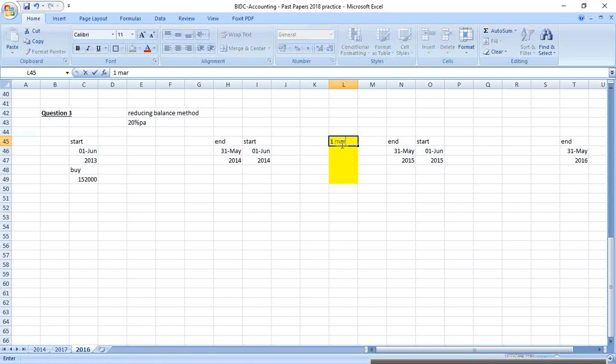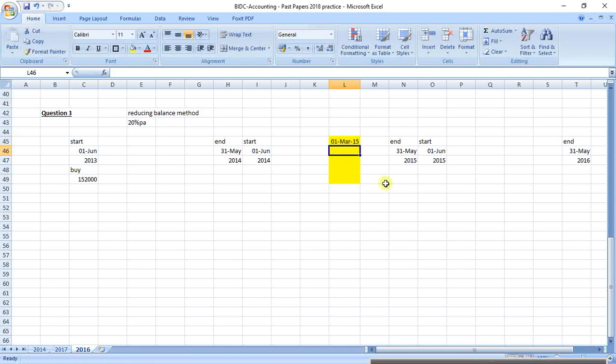Okay, this would have been 1 March 2015. A new motor vehicle was purchased. Okay, so new. How much was the new? 190,000. The old was part exchanged at value of 84.